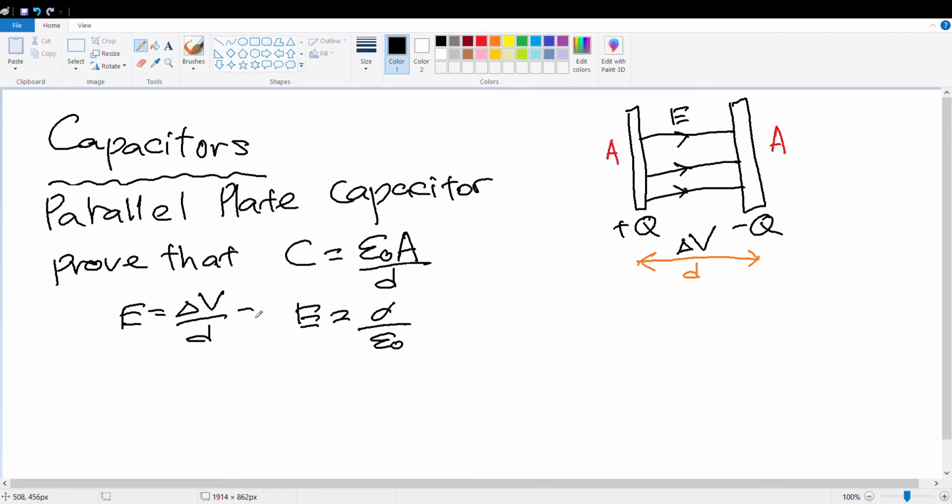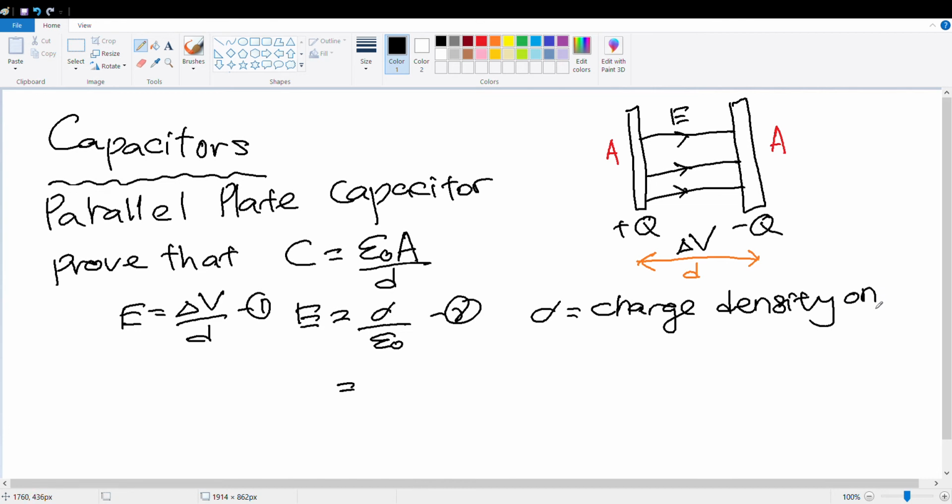So this one is 1 and this one shall be 2. And we know that this sigma is equal to the charge density on the surface of each plate. So let me just write again: charge density on the surface of each plate.